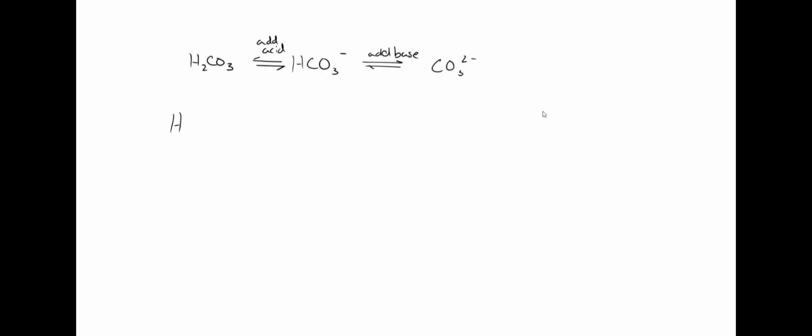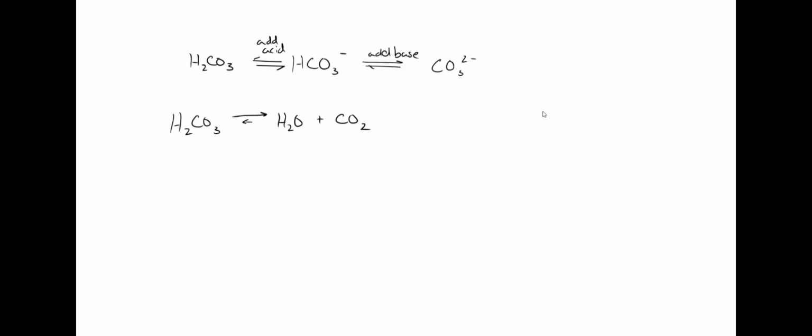Carbonic acid will very much favor decomposing into water and carbon dioxide. So if this is reacted with acid, it becomes carbonic acid, which immediately will decompose to make water, which is already present in large amounts in the blood, and carbon dioxide, which we can then expel.